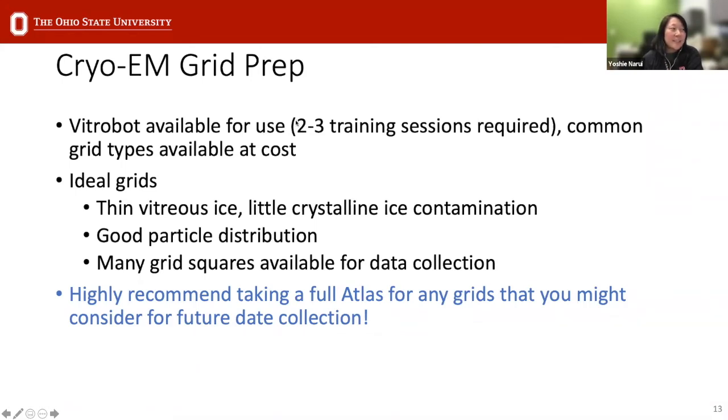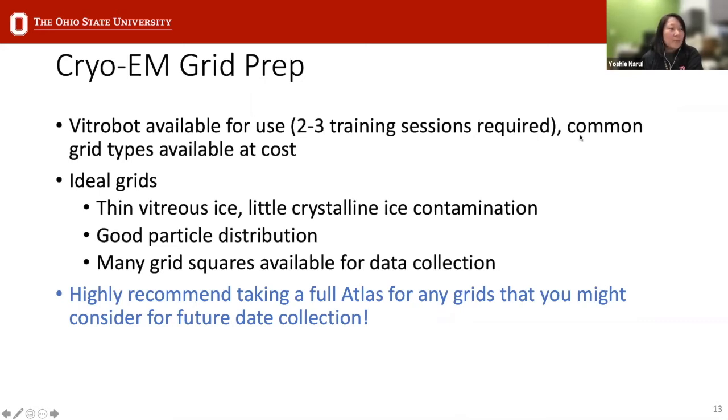And it probably takes, I would say, 2 to 3 sessions to get approved to use that on your own. It's more about grid handling, and it's a little tricky once you get liquid nitrogen in there. And so if you're totally new to cryo-EM, it does take a few sessions to really get comfortable using the VitraBot and plunge freezing your own grids.